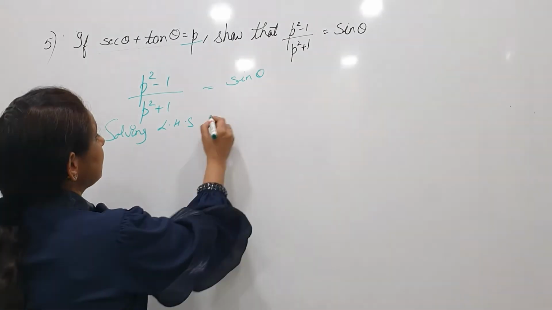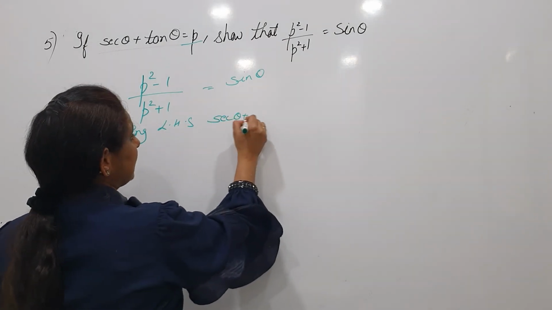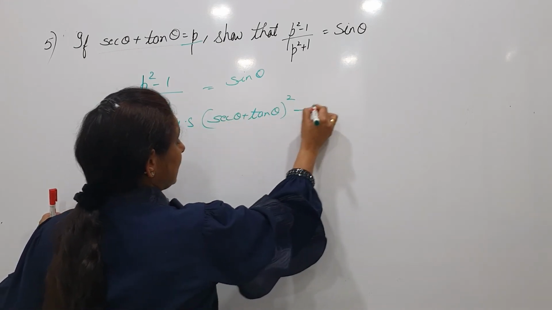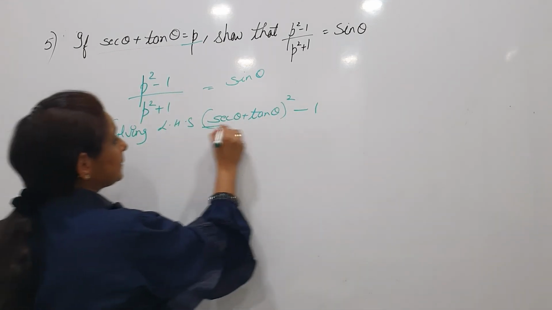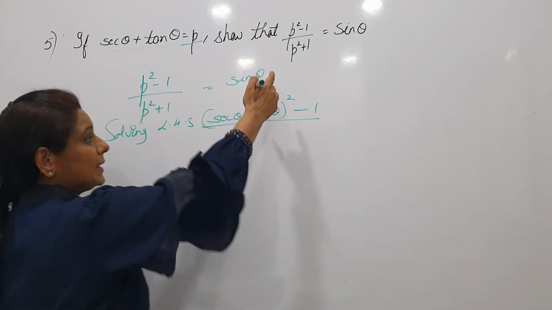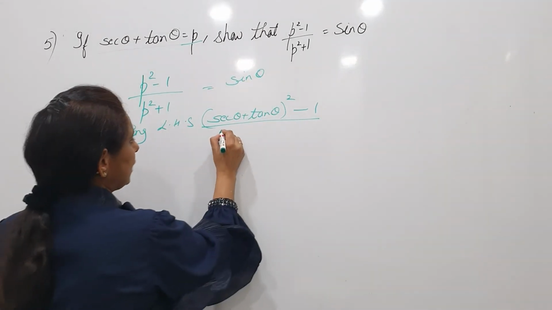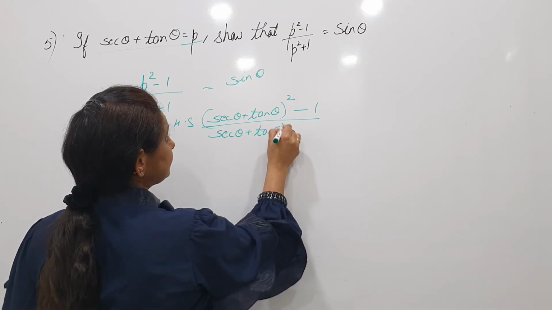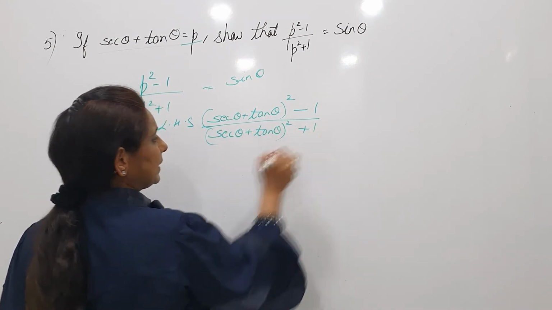It will be sec theta plus tan theta whole square and then minus 1 as mentioned here. Your denominator will be p square plus 1. So again we are going to write sec theta plus tan theta whole square plus 1.